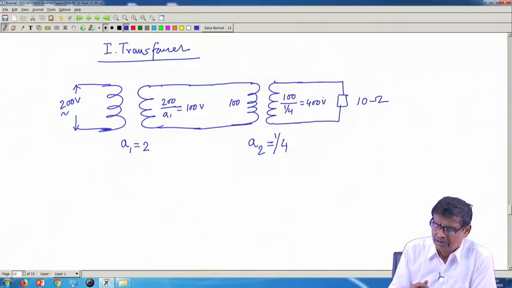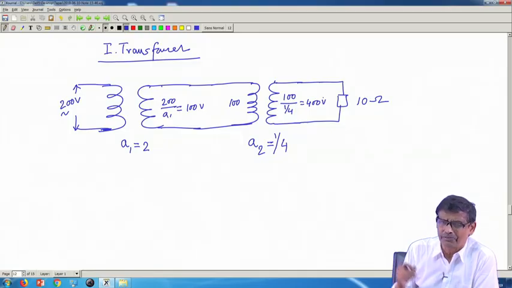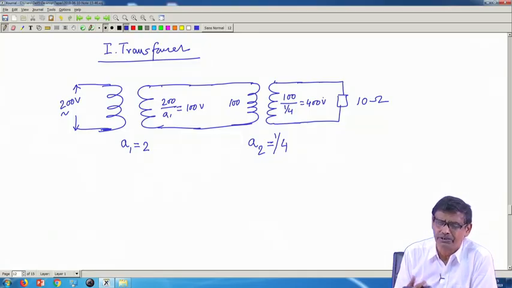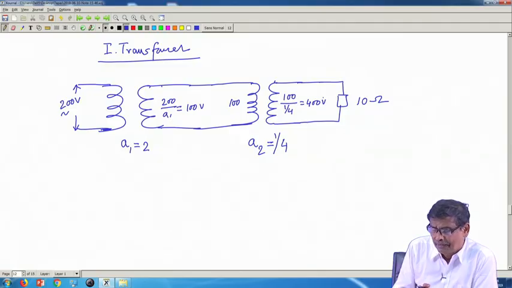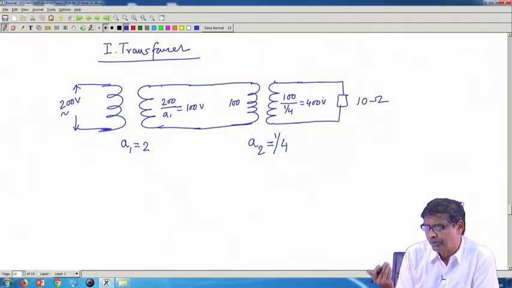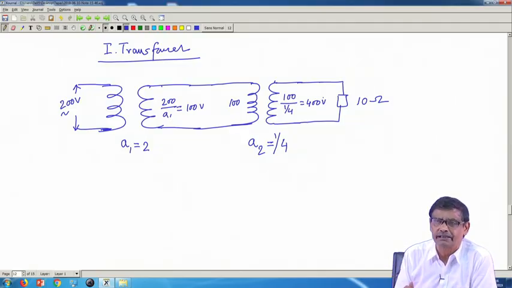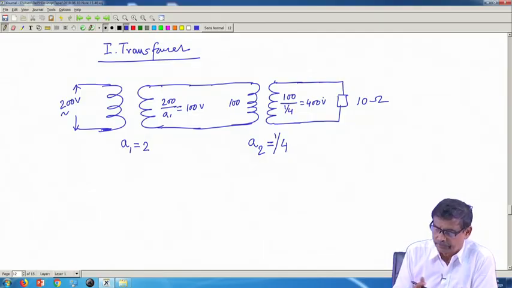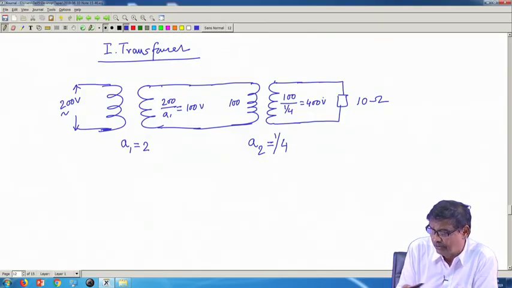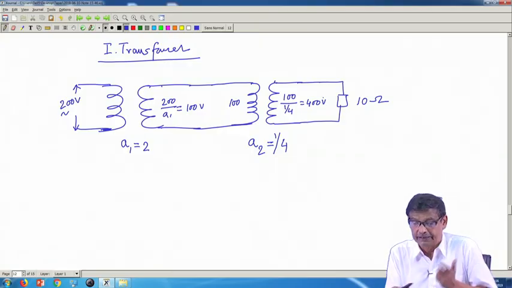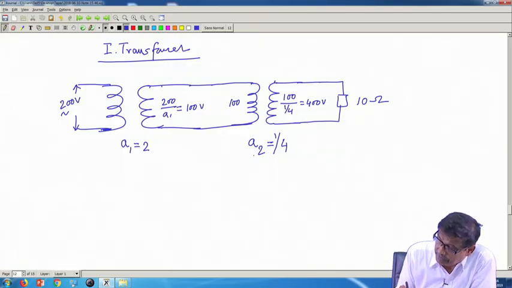In the first place, an actual transformer has an equivalent circuit which will be slightly complicated. But even if you assume it to be ideal, you will be getting results very close to the correct values. That is why this exercise, and also it tells you how the ratios of the currents and voltages are decided.